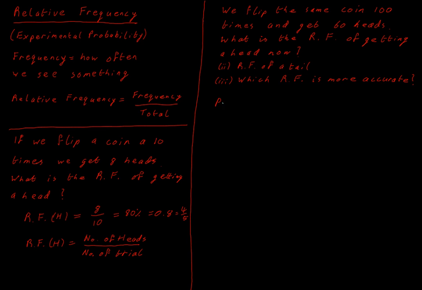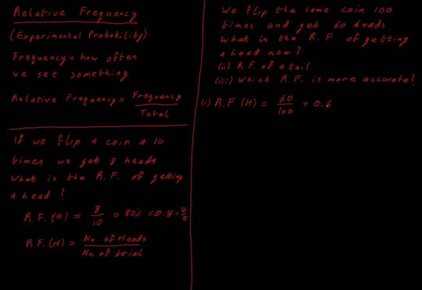So the relative frequency of getting a head now, this is part 1 of our question, is different because we've gone and run 90 more experiments, trials. We got 60 heads out of 100 experiments.